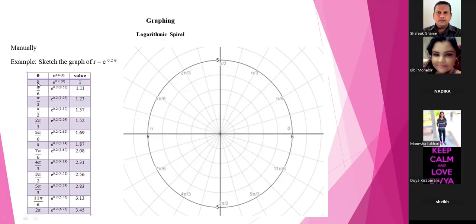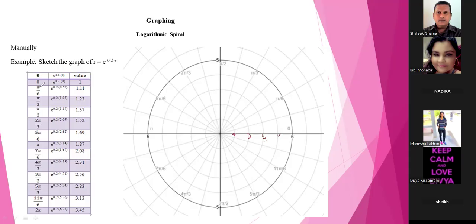So for the first one, we have 0, 1. Here is 1, here will be 2, here will be 3, and here will be 4. So 0, 1, which is here.